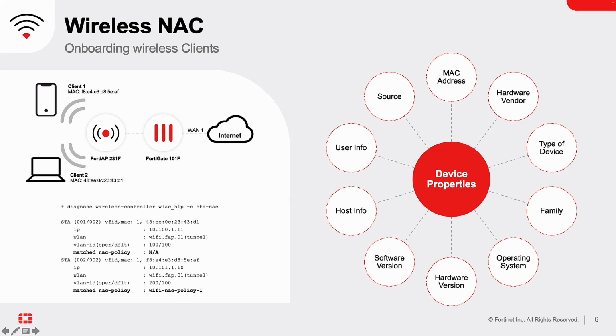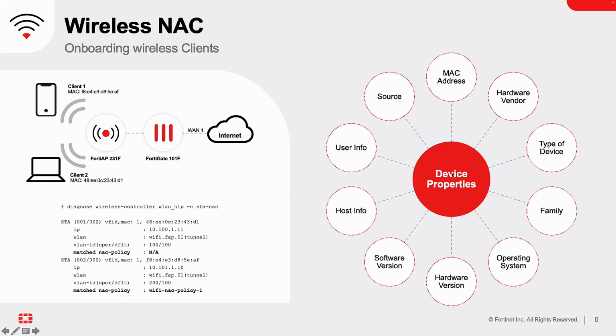In this case, client 1 and client 2 are both connected to the same SSID. But in the case of client 2, the operating VLAN is changed from the default VLAN 100 to 200. That is where the NAC policy has been applied. This is the triggered NAC policy for it to be detected and changed from VLAN 100 to VLAN 200. So that is what is shown in this example.